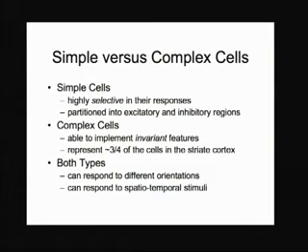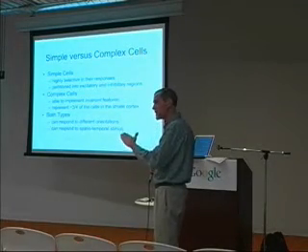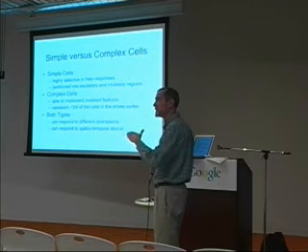A generalization of that is that you can respond to a bar of light or a bar of dark surrounded by sheets of white on either side. So in a simple cell, the bar may be at a particular orientation, but it's always centered in the visual field. In a complex cell, the bar can be positioned anywhere in the visual field.